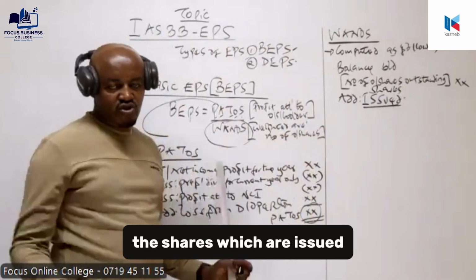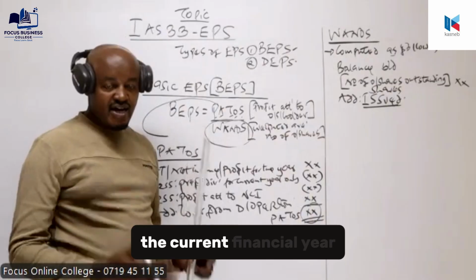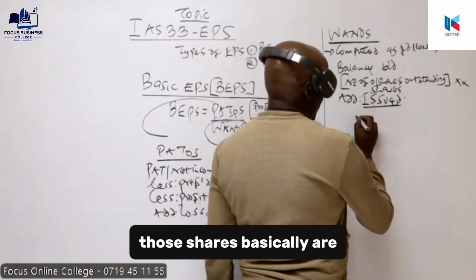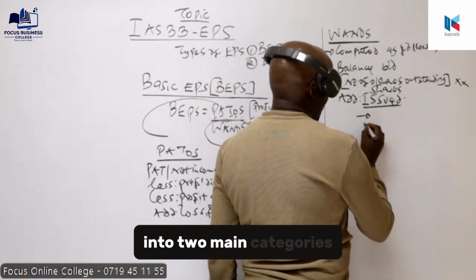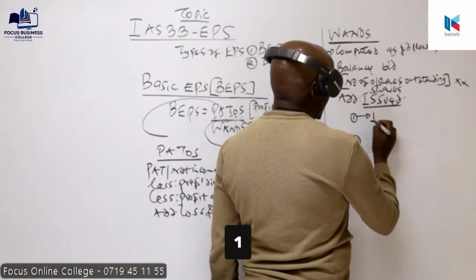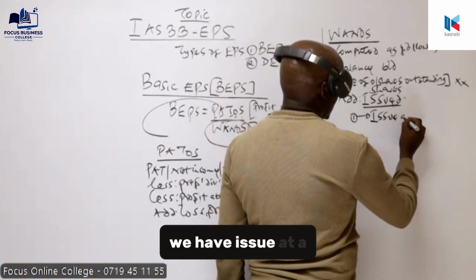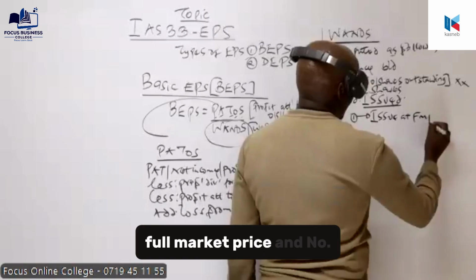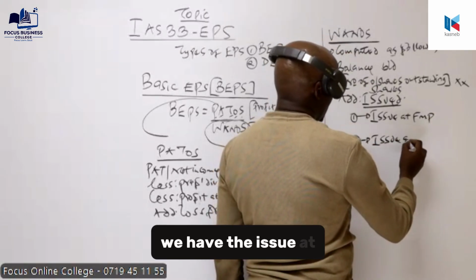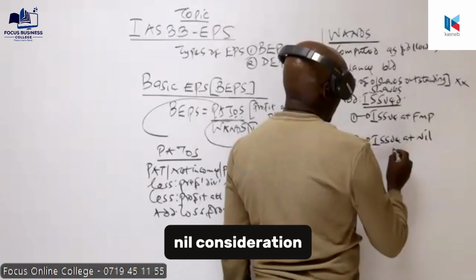Now, the shares which are issued by the company during the current financial year can be broadly classified into two main categories. Number one, we have issue at full market price, and number two, we have issue at nil consideration.